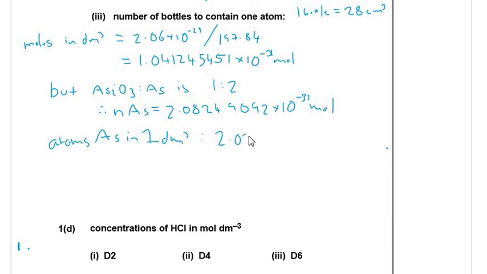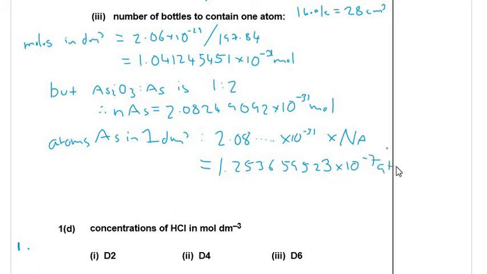So 2.08, etc., times 10 to the minus 31 multiplied by Avogadro's number, which gives us a grand total of 1.253659523 times 10 to the minus 7 atoms of arsenic per decimeter cubed.